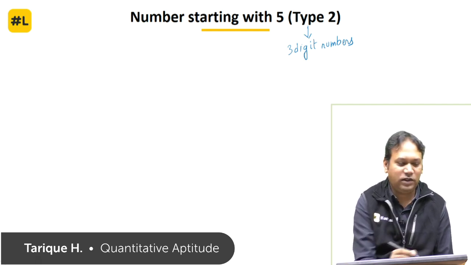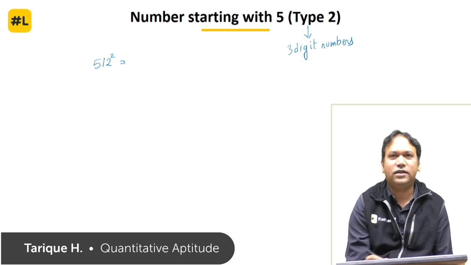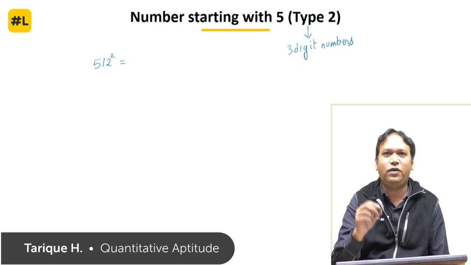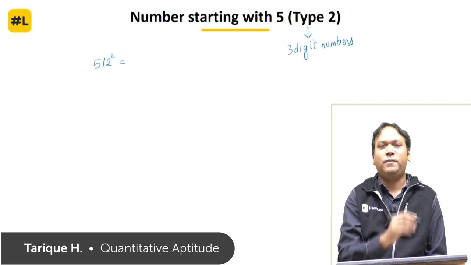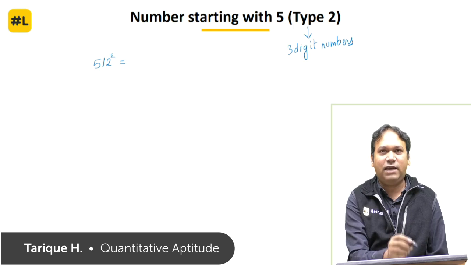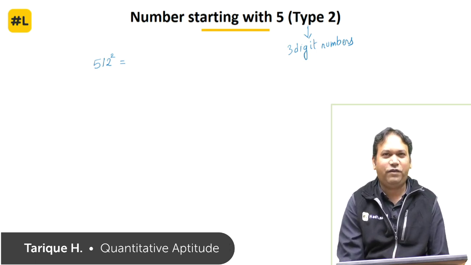Can we find out the square of 512 and get the answer in 2 seconds? What is 512 into 512? You take a pen and paper and start calculating, you will see how much time you are going to take for this. So can someone try and get me the answer? What is 512 into 512?